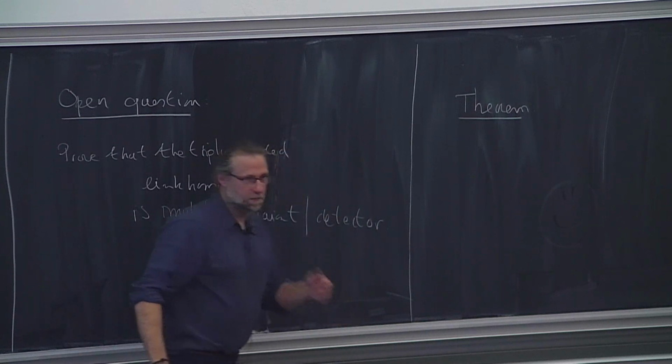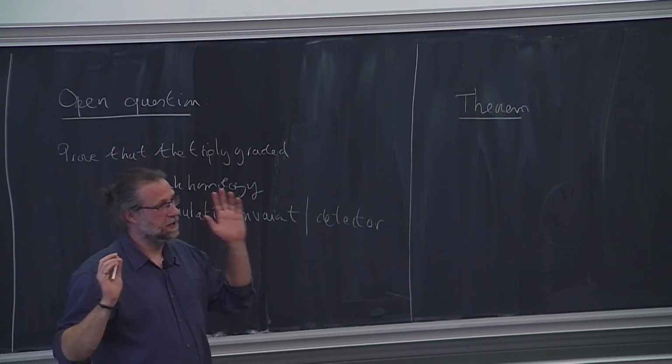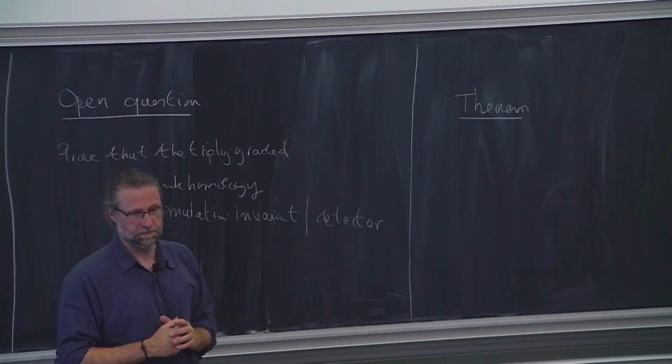So let's put a theorem on the board. And that's the theorem. Hopefully, I will give a hint at the end of the lecture how the proof of this theorem works.